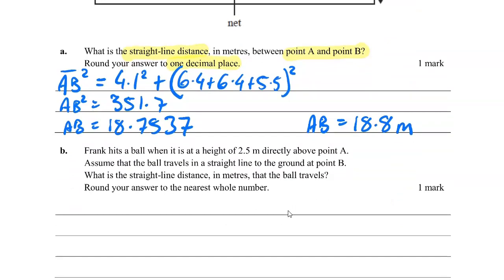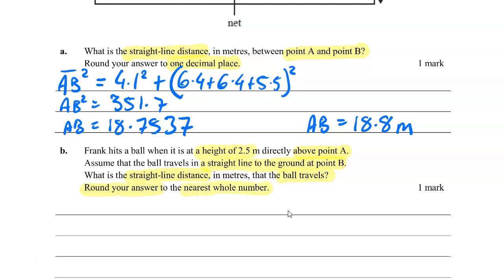So Frank hits a ball when it is at height 2.5 meters directly above point A. Assume that the ball travels in a straight line to the ground at point B. What is the straight line distance in meters that the ball travels? Round your answer to the nearest whole number.